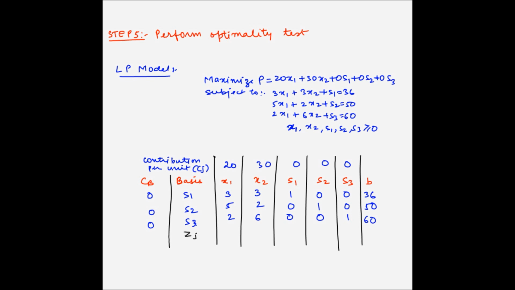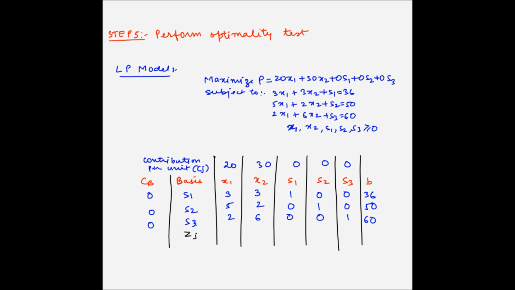Now elements in the Zj row represent the decrease in the value of the objective function or profit, which will result if 1 unit of the variable in the jth column is brought into the product mix. So this represents only the decrease.